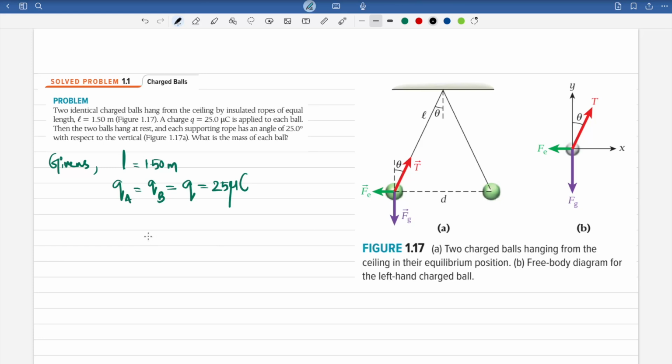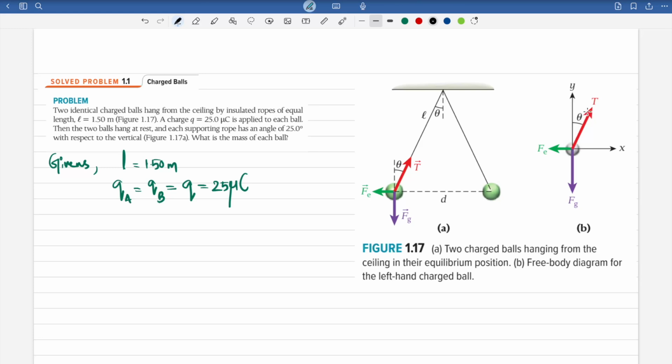Now we are going to find, so think about it. Fg is on the minus y-axis, Fe is on the minus x-axis. Tension is in between plus x and plus y. We are going to treat the x and y axes separately, so we need all the forces on either the x or y axis.